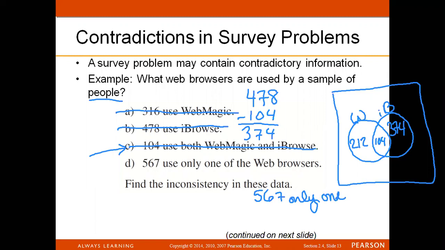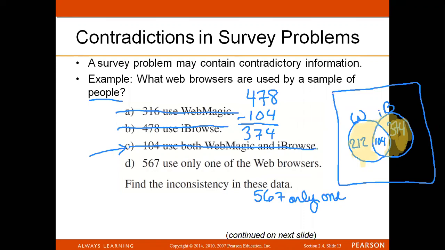Okay, what only one means is this group used just the E and this group used just the W, right? Because they're not in the overlap.